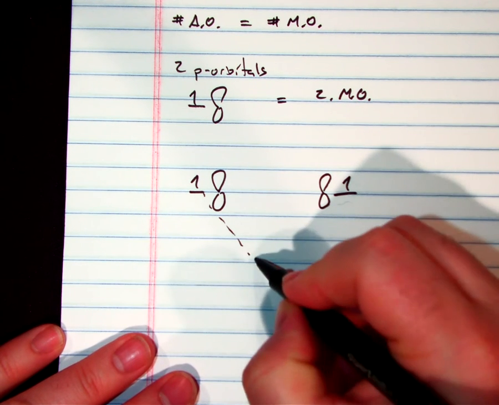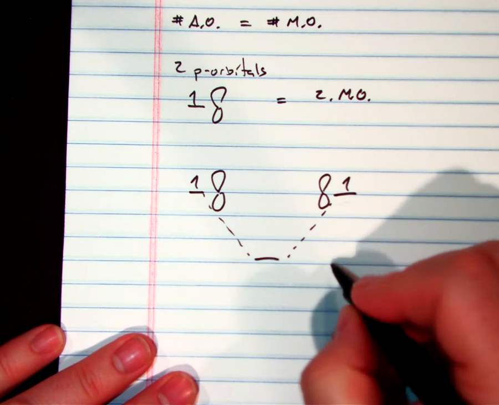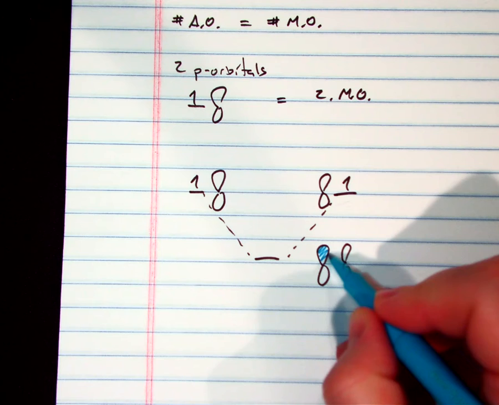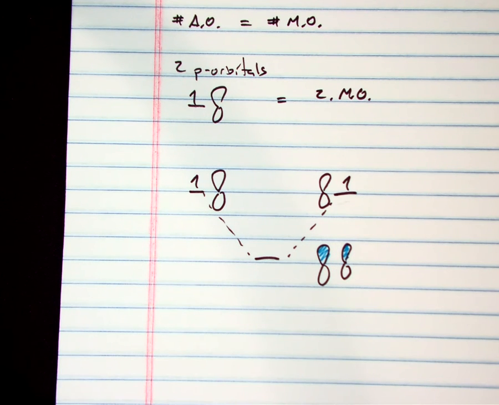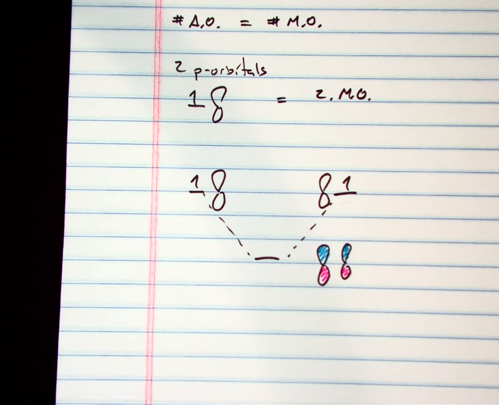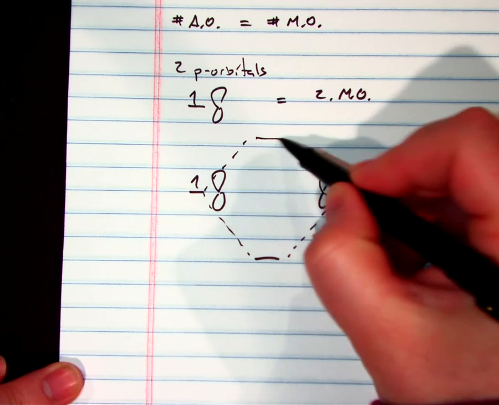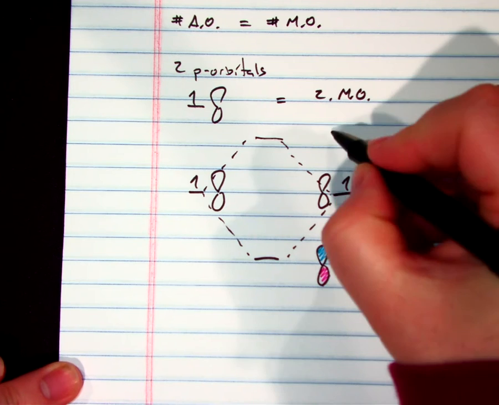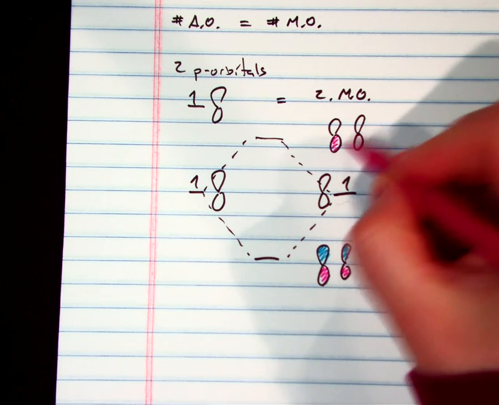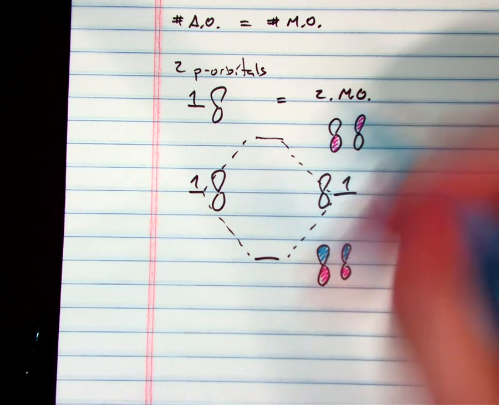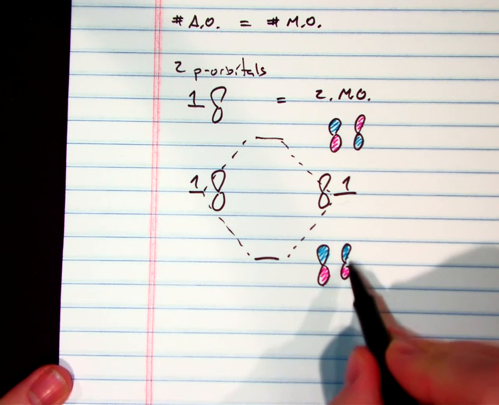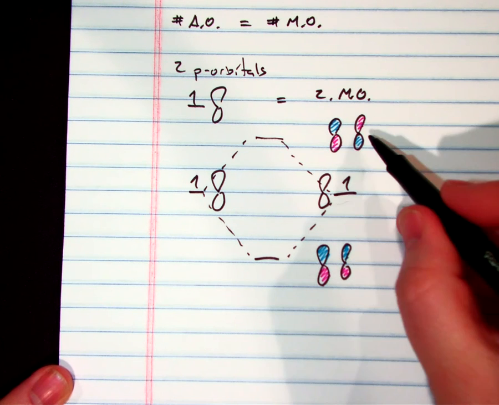They can combine together in a constructive fashion, and what we mean by that is that the phases of the sides of our orbitals are complementary, or they can line up in a case where those phases are not complementary. What we have is a constructive and a destructive interaction. So here we have a constructive interaction, and here we have a destructive interaction.